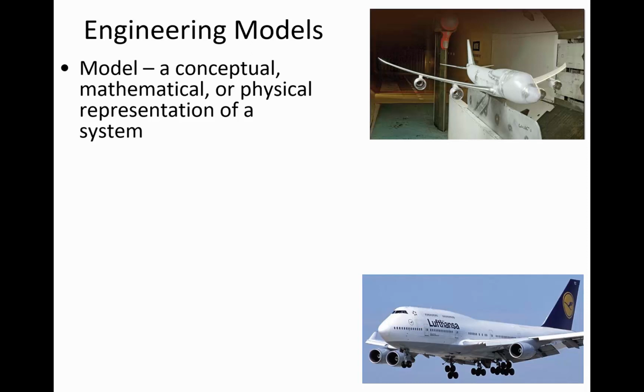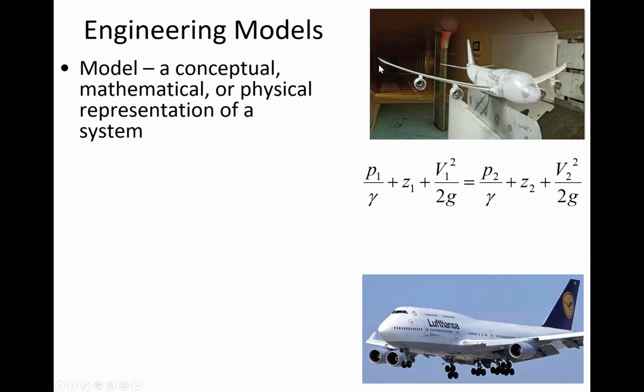So in the same way, an equation like Bernoulli's equation is a model. It's just a simplification of reality, and it can give us useful information, but it's not a perfect representation of what's really happening in the world. Like this airplane model, it's not a perfect representation of the real thing. You'll notice that this model doesn't have landing gear, and the prototype does have landing gear. The prototype has the tips on the wing.